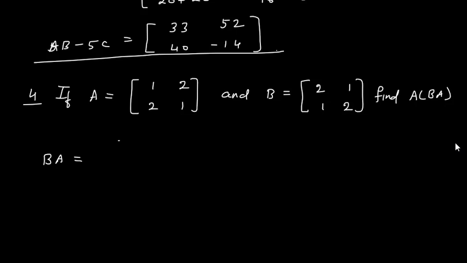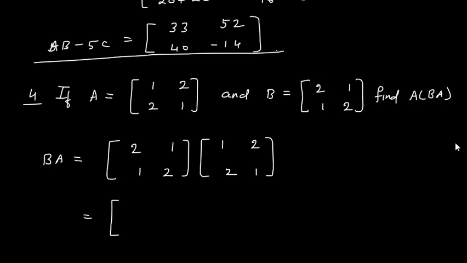So BA will be, I will write B first, which is 2 1 1 2, and then we write A, which is 1 2 2 1. So this is BA. So BA is equals to, now here element by element we multiply. 2 into 1 it will be 2, plus 1 into 2 it is 2, then 2 into 2 it is 4, plus 1 into 1 is 1.